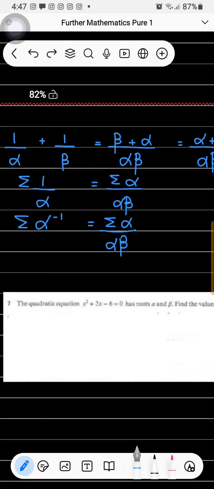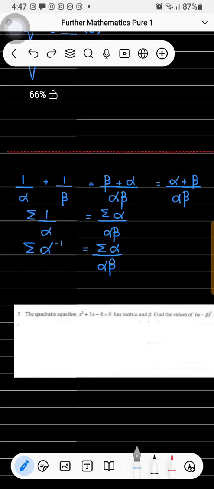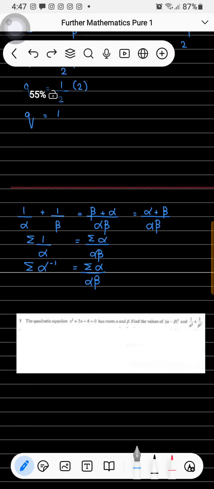Here is the question: the quadratic equation x square plus 2x minus 6 has roots alpha and beta. Find the values of alpha minus beta whole square and 1 upon alpha square plus 1 upon beta square.